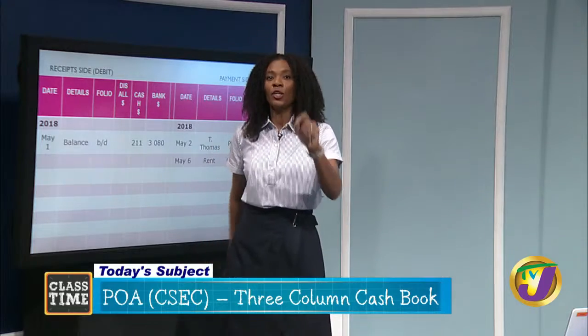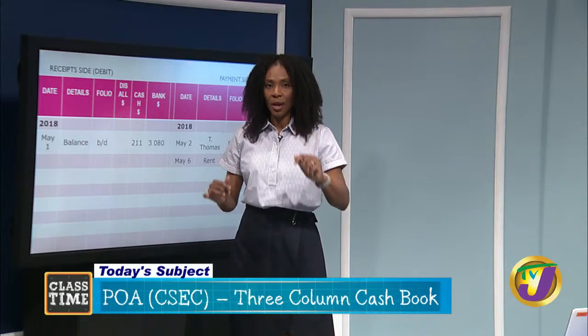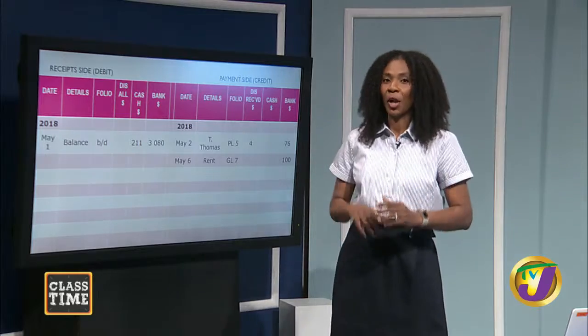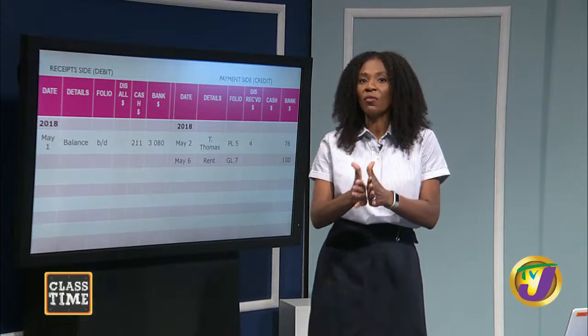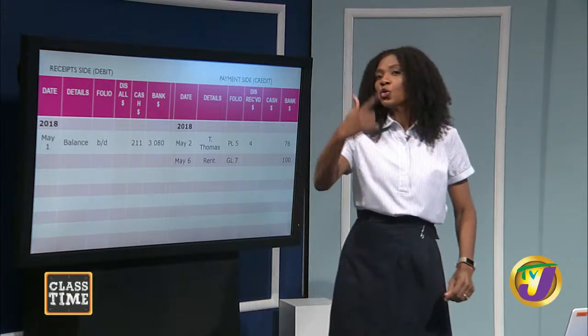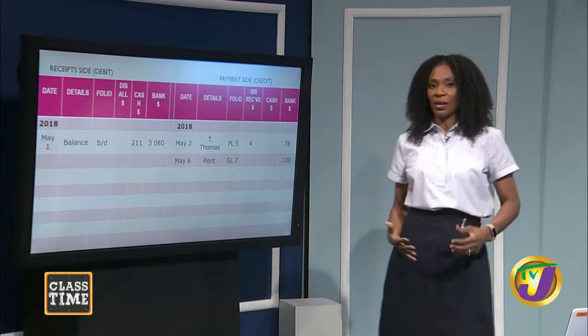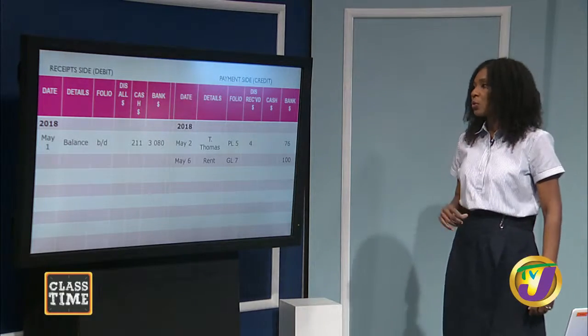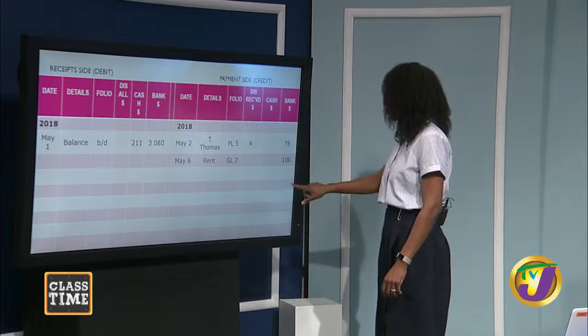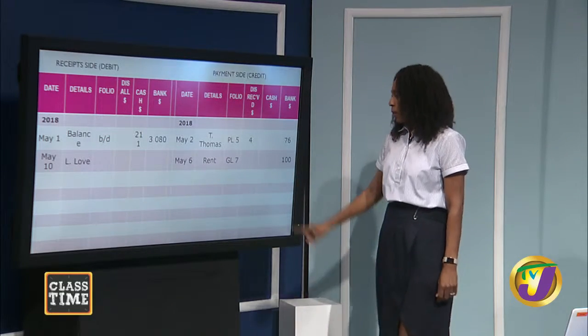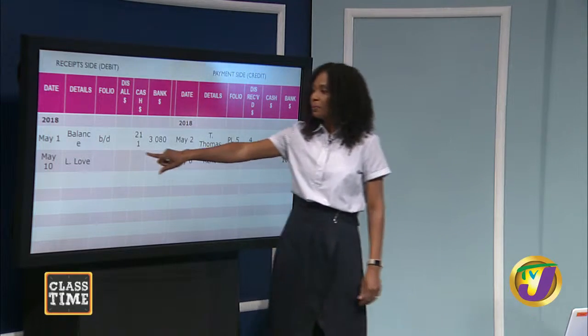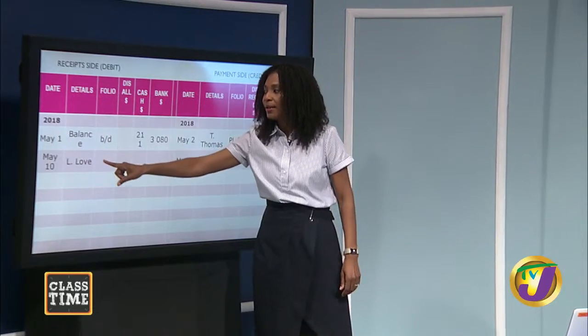Good. Then you find the discount. So 2 divided by 100, because percent always means out of 100. So 2 divided by 100 times $4,000. Let's work out the discount for Love. So we're receiving, so we go on the receipt side, May 10, Love.